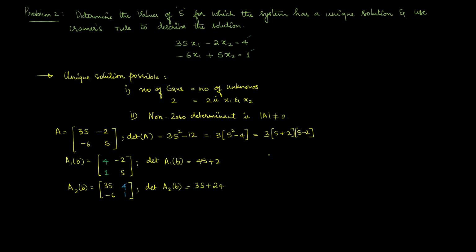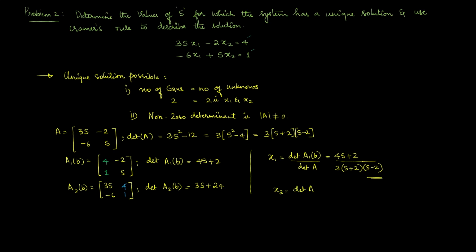Now I need to find out x1 and x2. So for that, x1 will be equal to determinant of A1(b) divided by determinant of A, which is 4s plus 2 divided by 3 times s plus 2 into s minus 2.